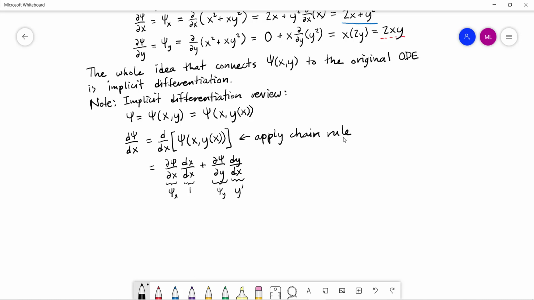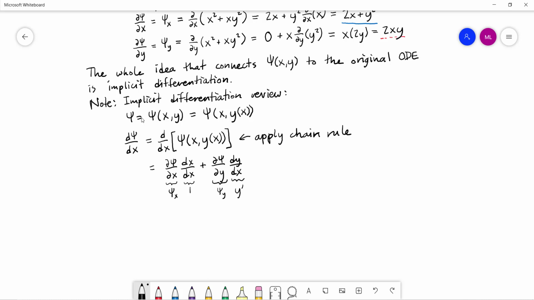You'll see this again more in Calc 3. So if you've only taken Calc 2 and this step from here to here is a little uncomfortable for you, it's because it's something that you cover in Calc 3. Let me just leave it at that. It's essentially an application of chain rule when you're dealing with a function of multiple variables like we have here.